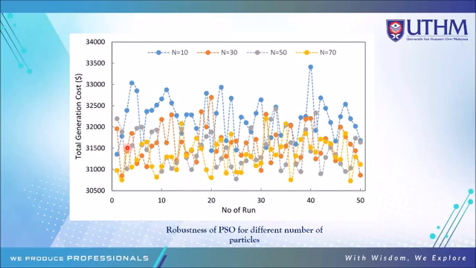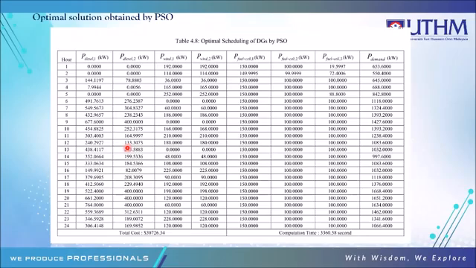But for a problem with a small number of variables, PSO can easily get a consistent result with different numbers of runs. That may be related to research. If you have a problem with maybe 10 variables, PSO can work properly in terms of robustness. This is the example.